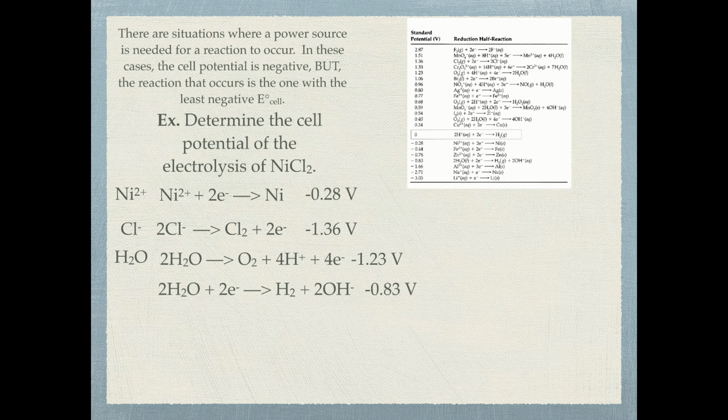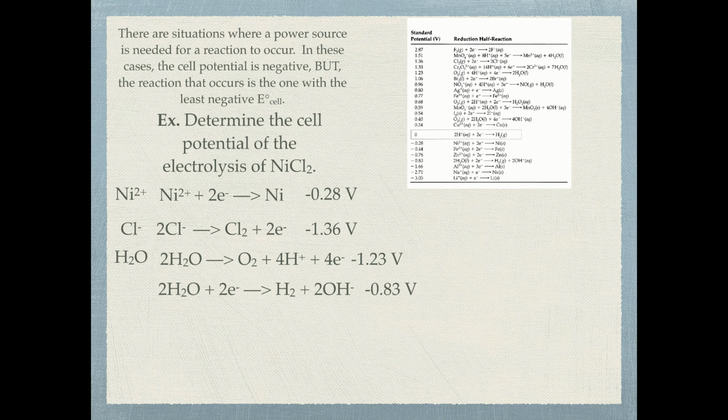Now what I need to do, as noted, is that your cell potential is going to be negative when you add them up, but you want the one that's the least negative. So remember, my two possible reduction reactions are the nickel ion and the very bottom water one, because those are where the electrons are being added, while the two middle reactions are my oxidation reactions. So I'm going to compare my reduction reactions, the top and the very bottom, and my oxidation reactions, and whichever ones are least negative, that's the one that's going to happen.